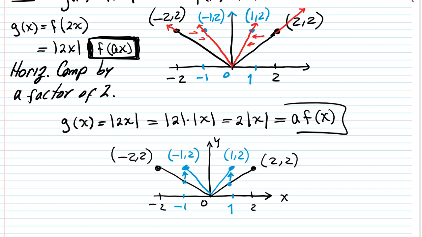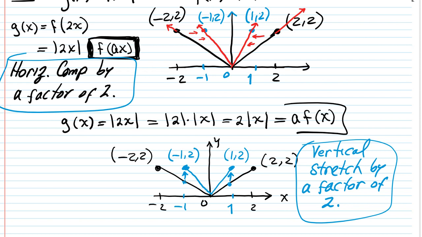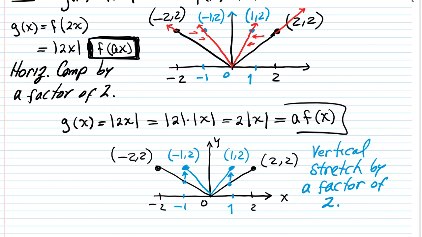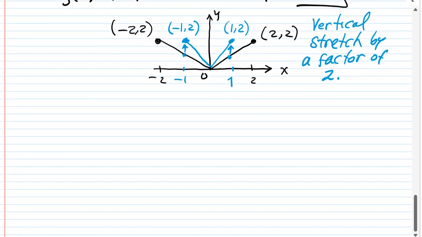So my arrows are now pointing up because I'm thinking about vertical stretch. So now I have a vertical stretch by a factor of 2. Isn't that cool? Vertical stretch by a factor of 2 is the same as a horizontal compression by a factor of 2. Okay. And there we have it. That's again just specific to this example that I made up.